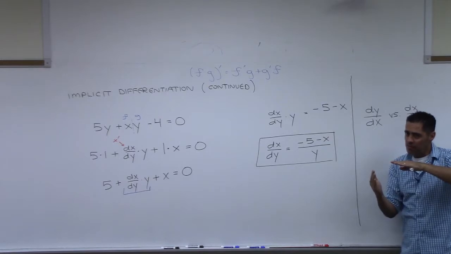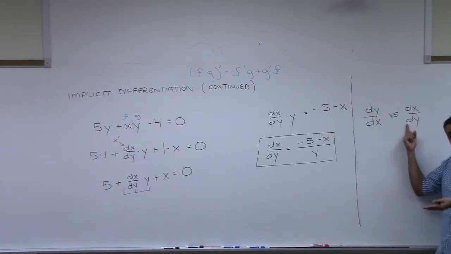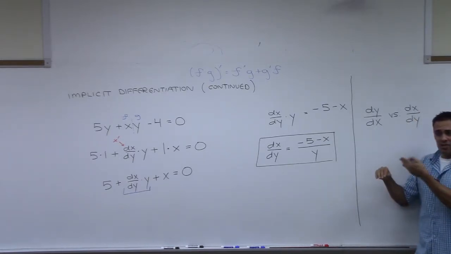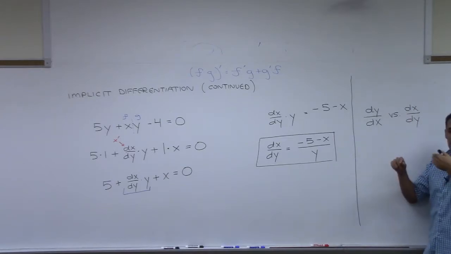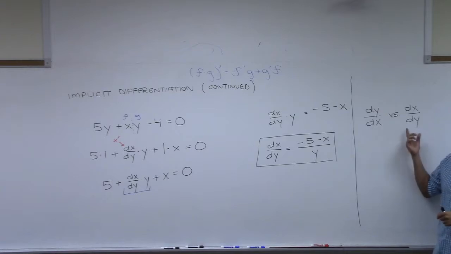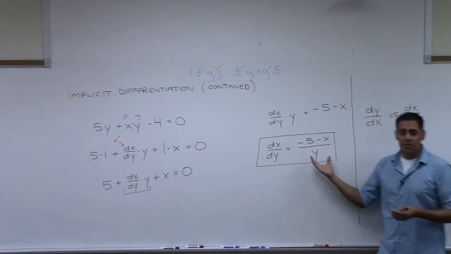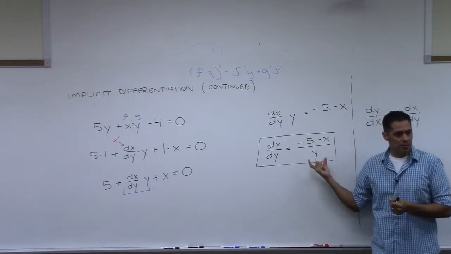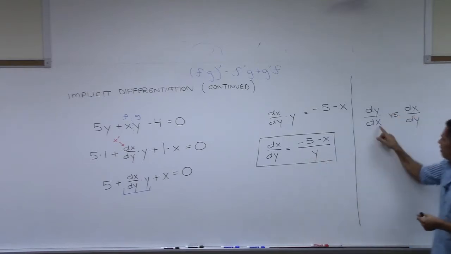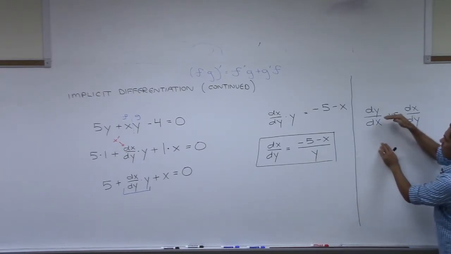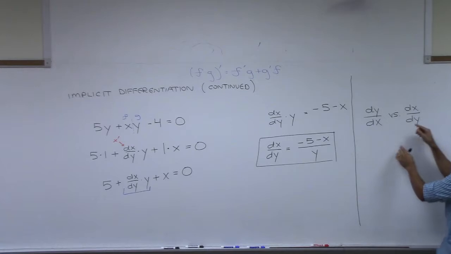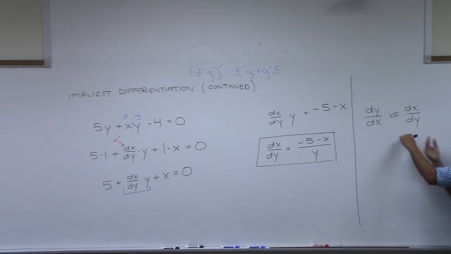Does that kind of make sense? This one is the opposite. It's saying, how much does the x change by if I just move my y a little bit? And these two quantities are obviously different things because we have different formulas, don't we? Yes. So here, a small change in x has what impact on y? Here, a small change in y has what impact on x?